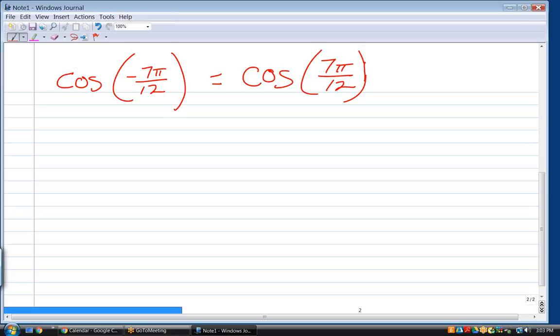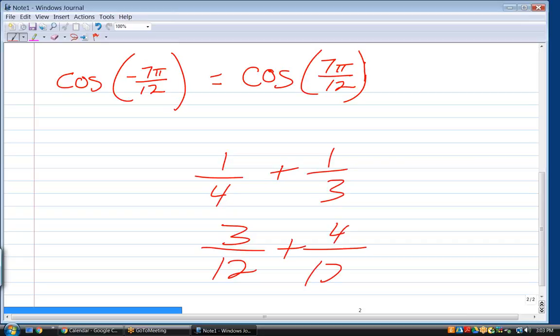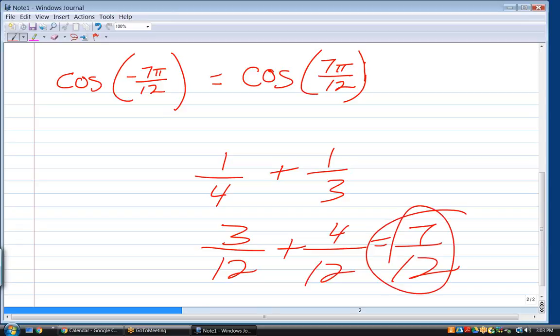Let's add 1/4 plus 1/3. How do we add those two fractions? Common denominators, which would be 12. Then that would be 3 plus 4. So 7/12 is 1/4 plus 1/3.